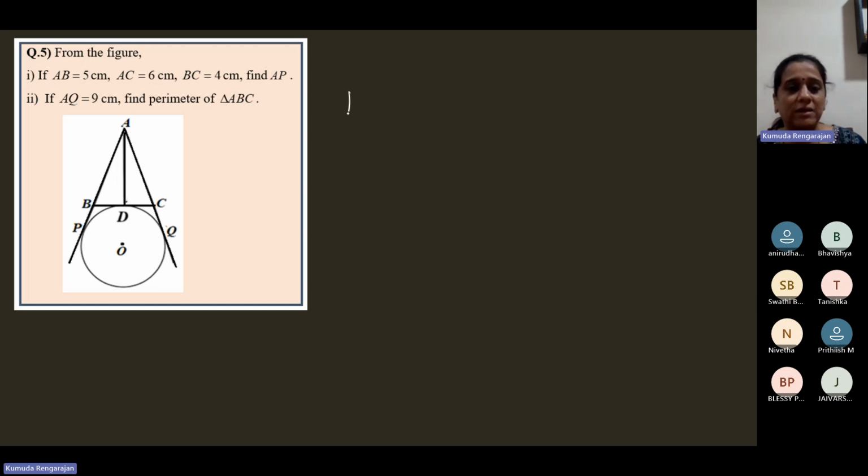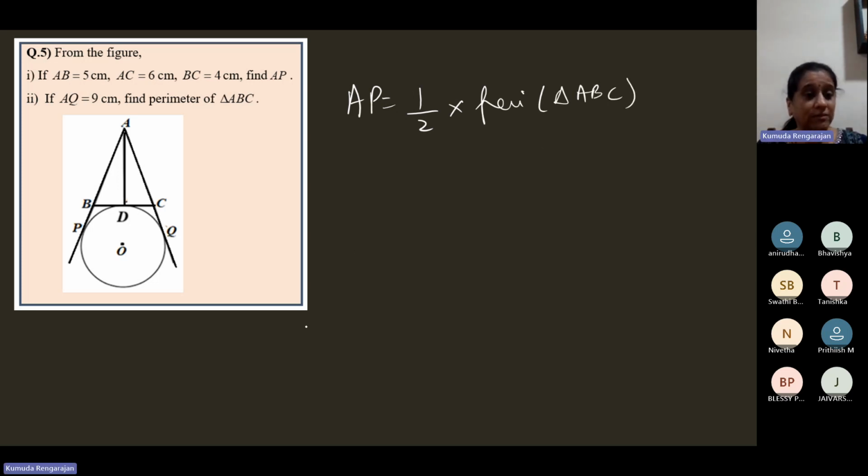We know that AP is equal to half the perimeter of triangle ABC, and AQ is also equal to half the perimeter of triangle ABC. So this is equal to half into, how do you find the perimeter of triangle ABC? AB plus BC plus AC. So 5 plus 6 plus 4, 15. So 7.5.